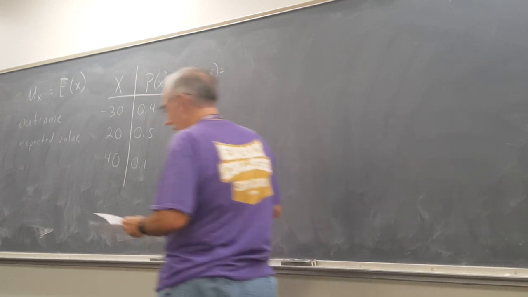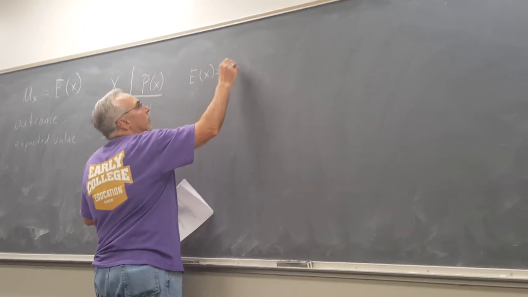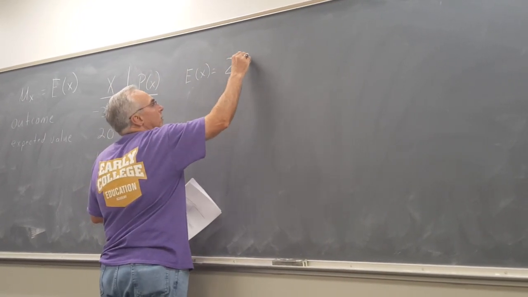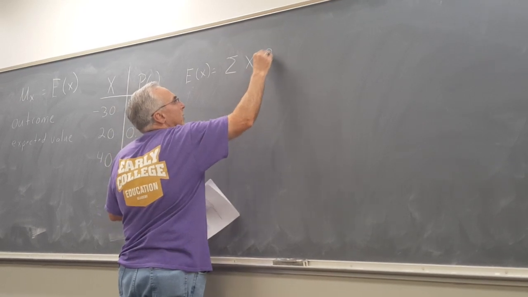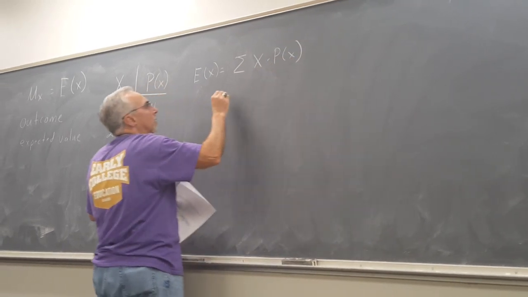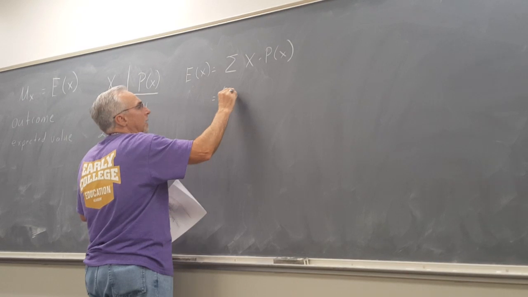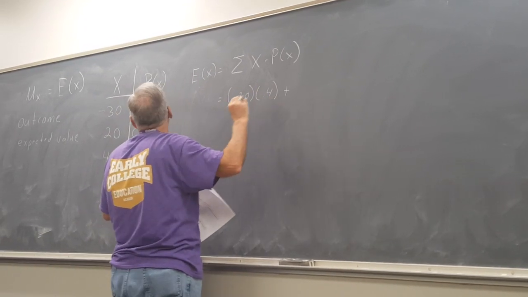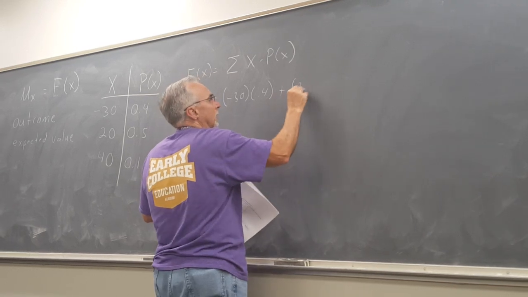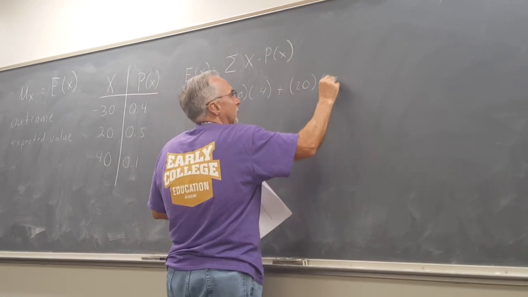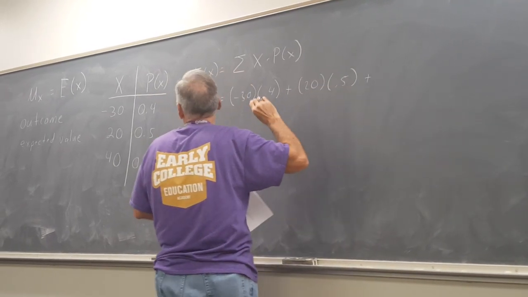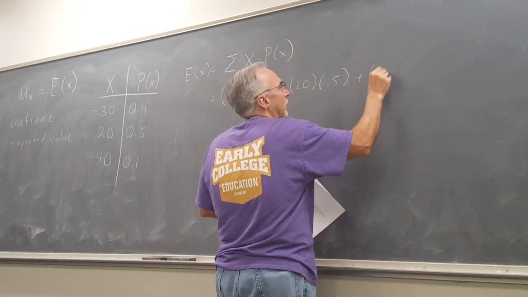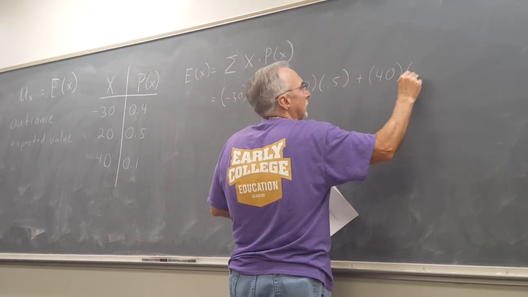If I want to calculate this, remember you take the sum of your x values times your p of x. So it's negative 30 times 0.4, plus 20 times 0.5, plus 40 times 0.1.